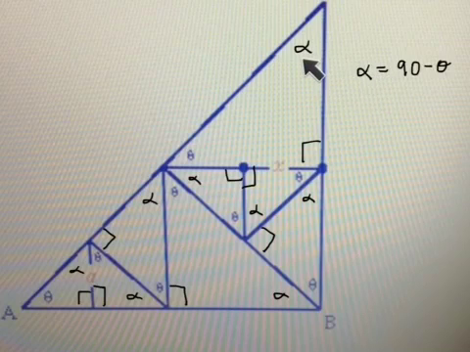So I'm going to label that everywhere it appears. It would have to be in here and in here and in all these different spots right here. So looking at these triangles, I have a bunch of similar triangles in here.